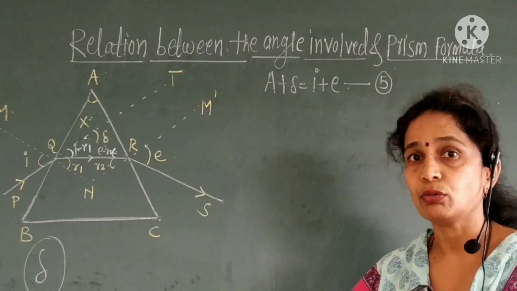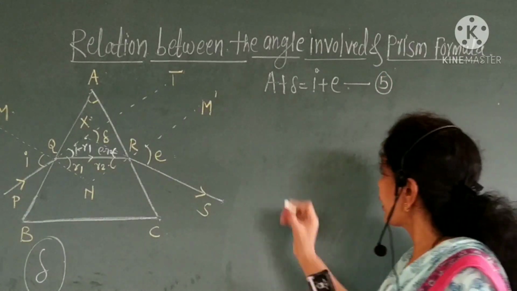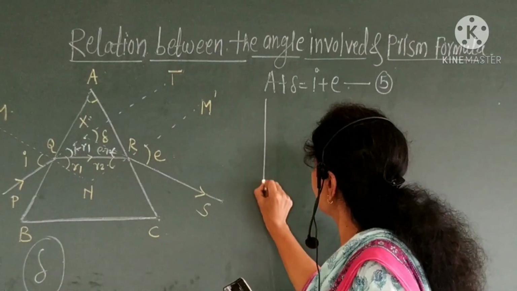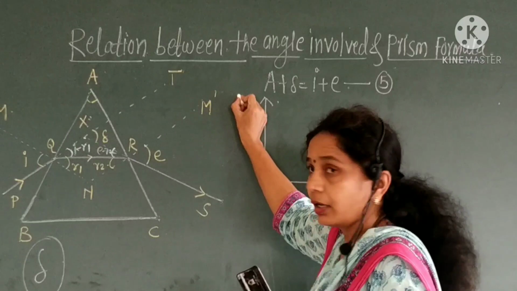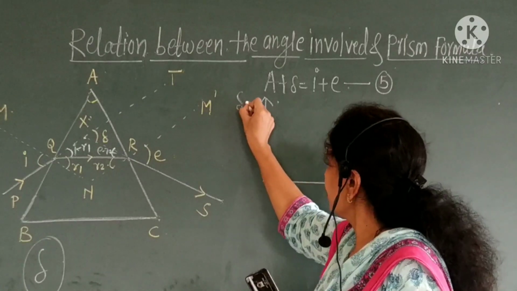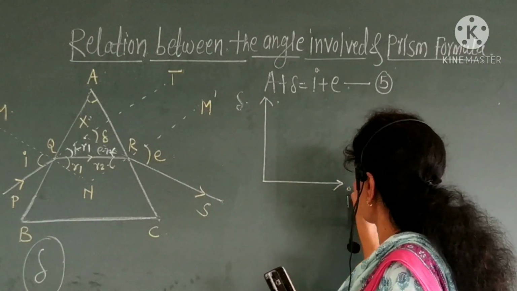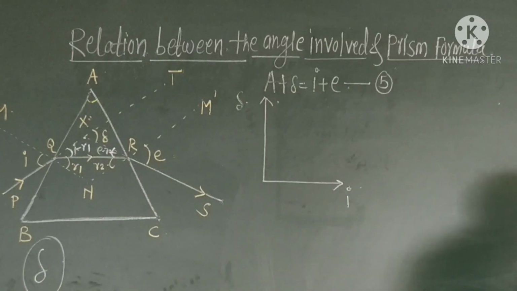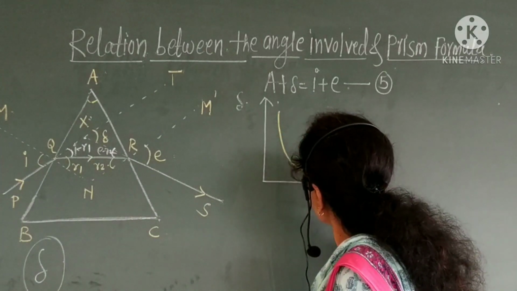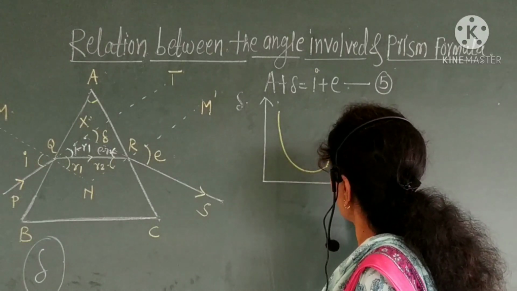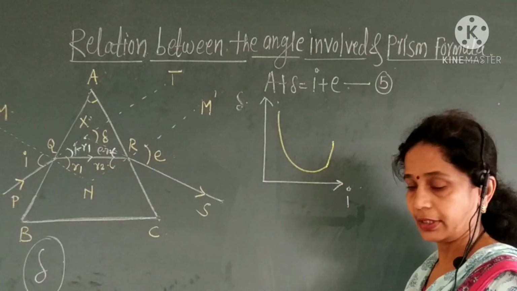Okay, now if we plot a graph of delta versus I, angle of incident, then the nature of graph is like this. See this.